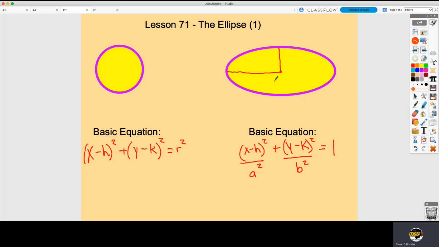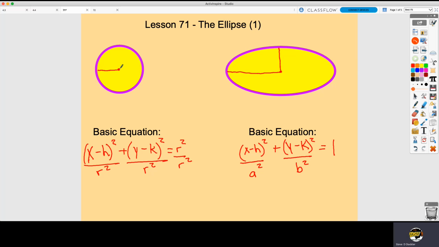Now, one way to look at this also, and I don't recommend you remembering it this way, but say that we wanted to go back to our circle equation. Say we divided everything by r squared here. This turns into a 1, doesn't it? And then this would be the distance from the center to the horizontal outside edge.